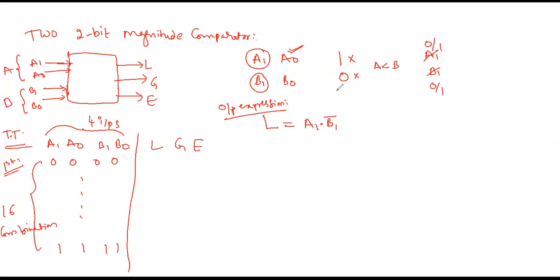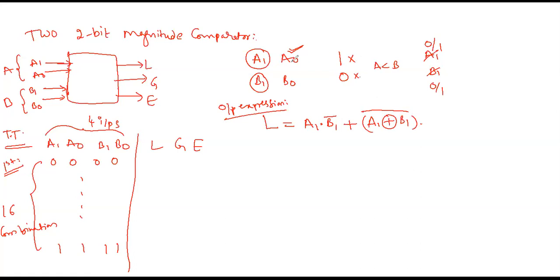If A1 and B1 are the same, equal means XNOR. So A1 XNOR B1.